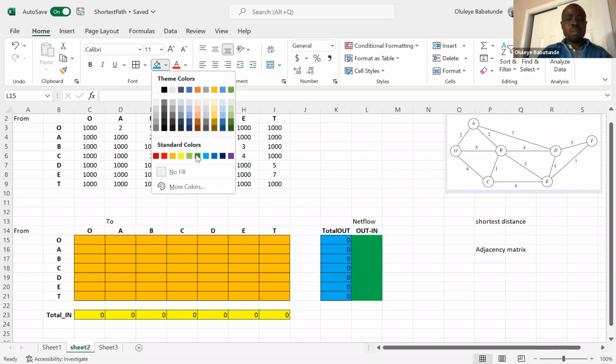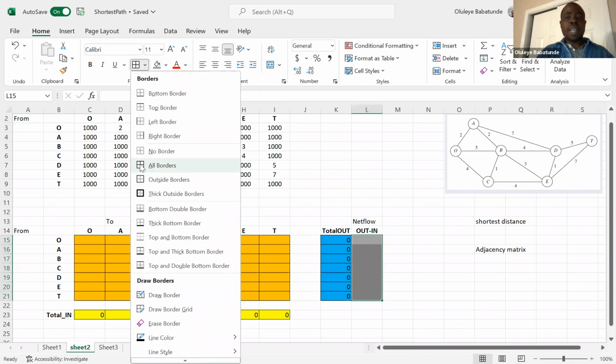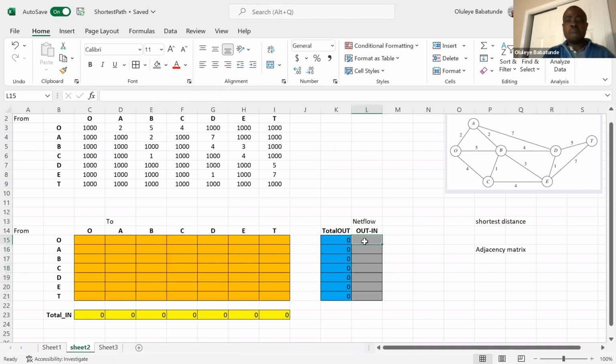green. What color should I use? Okay, let me use this color. And then I'm going to be computing the differences between the blue cells and the orange cells one by one.